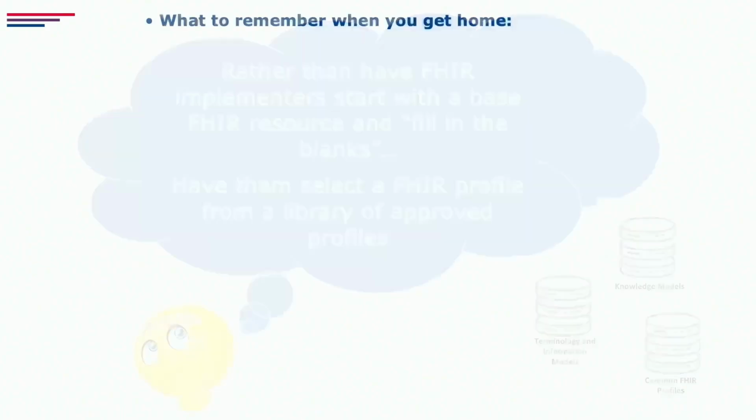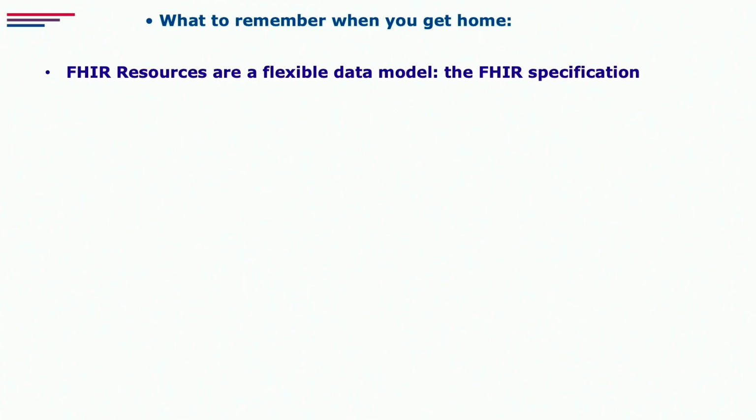In your organization, though, you may not have to solve that problem at the highest level to implement useful things with FHIR. That is, in fact, one of the great things about FHIR questionnaires that I didn't mention when I talked about them before: a FHIR questionnaire doesn't really need to be interoperable across the country. If it's just interoperable in your organization, it can be very useful. So, to sum up, FHIR resources are a flexible data model.